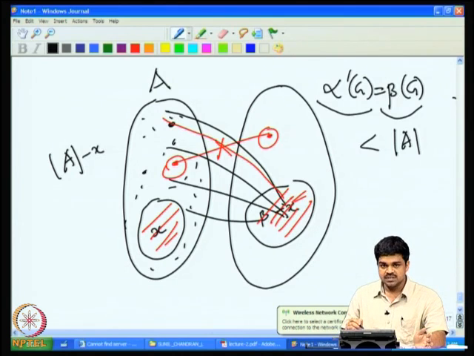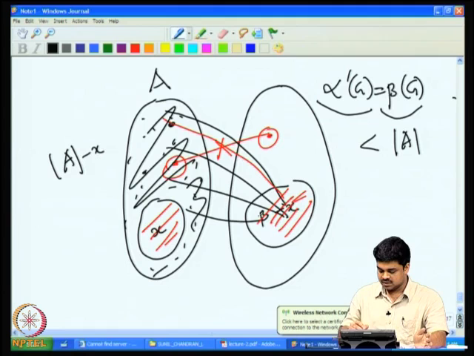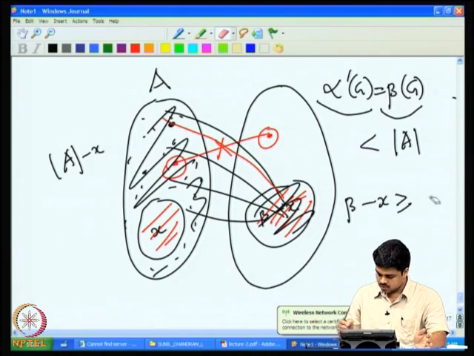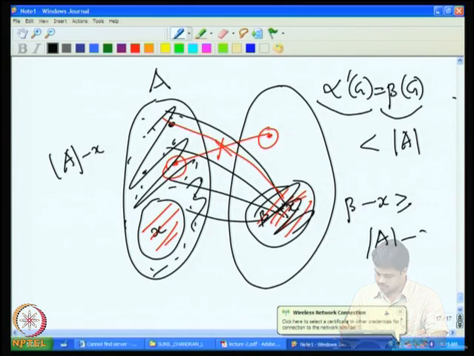So it happens that the neighborhood of these A minus x vertices outside the cover is only this much. So what do we get? By Hall's condition, beta minus x has to be greater than or equal to A minus x.